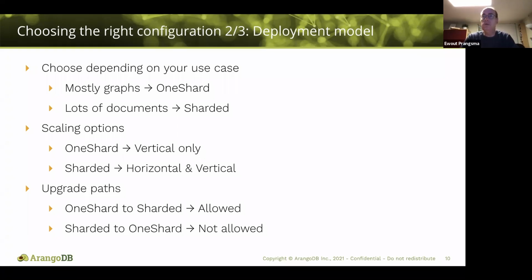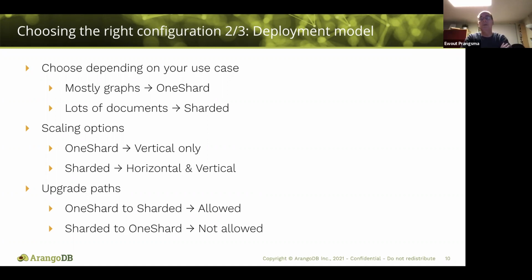For sharded, you start with 3 nodes, but you can grow pretty much as large as you want. So there you have the option to scale both horizontally, namely increase the number of nodes, as well as vertically. So get to bigger nodes. And with that, you can mix and match and get the best possible performance for your deployment.